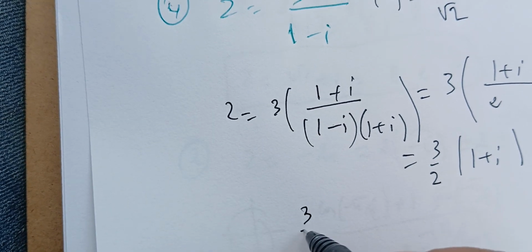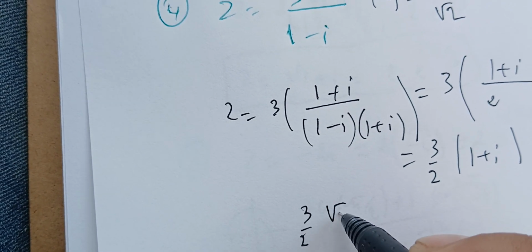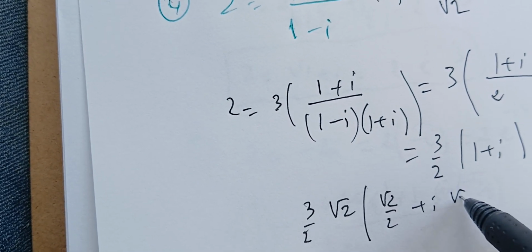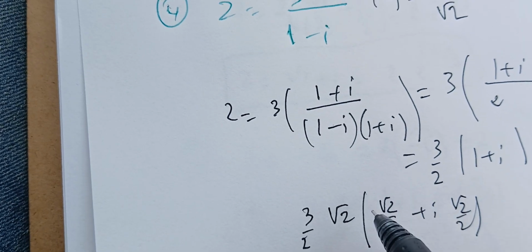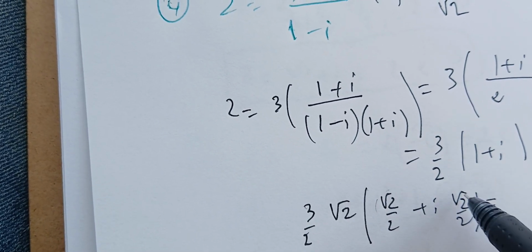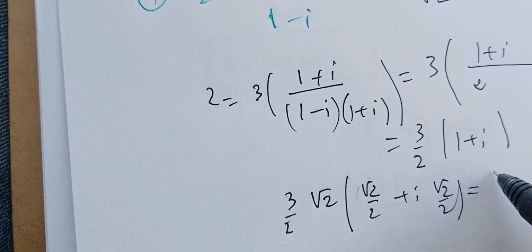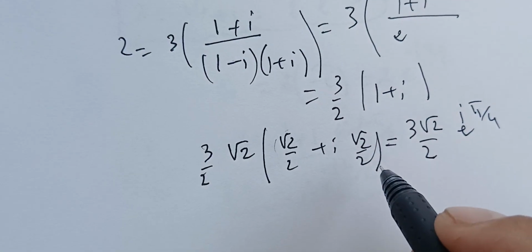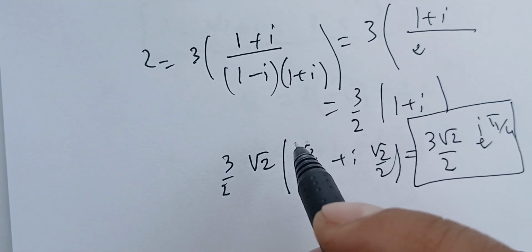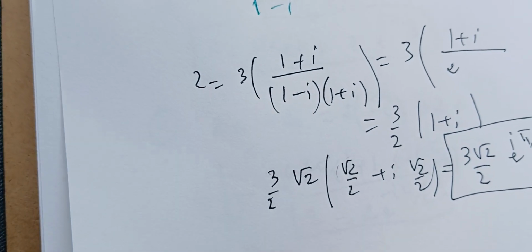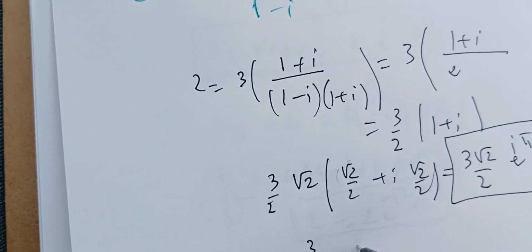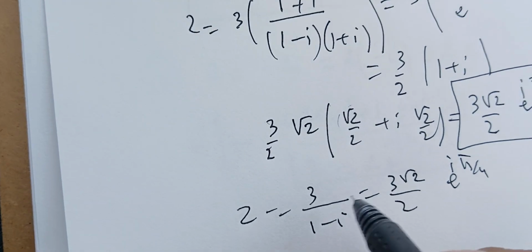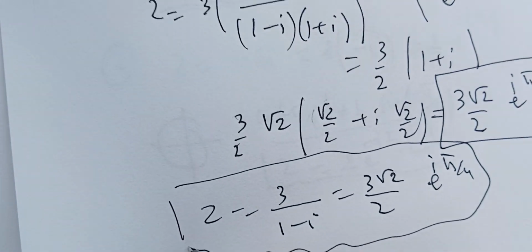So let's write it this way: 3 over 2 times square root of 2 times square root of 2 over 2 plus i square root of 2 over 2. If we know this one is cosine pi over 4, and this is sine pi over 4, then we have 3 square root of 2 over 2 times e to i pi over 4. So this is z equals 3 over 1 minus i. It's 3 square root of 2 over 2 e to i pi over 4. This is the exponential form for this number.